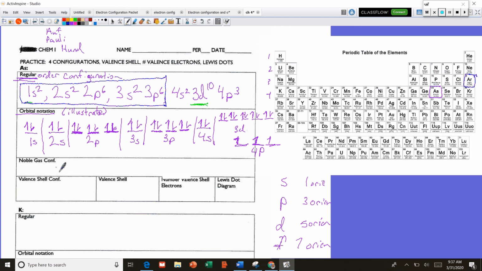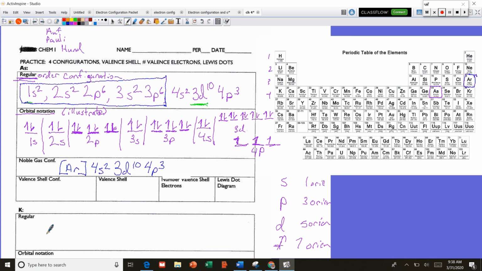So what I'm going to do for noble gas configuration is put argon in brackets. Now, all I do is look at what's left over, and I write that: 4s2, 3d10, 4p3. And that's it.